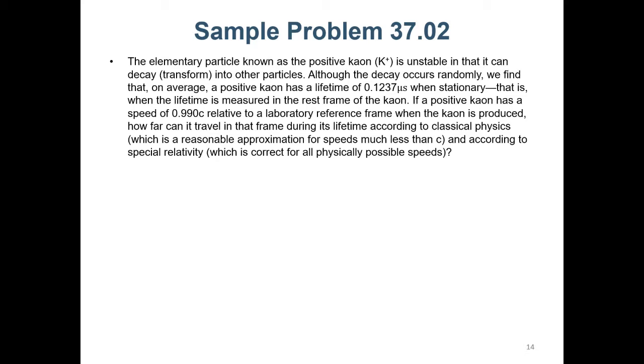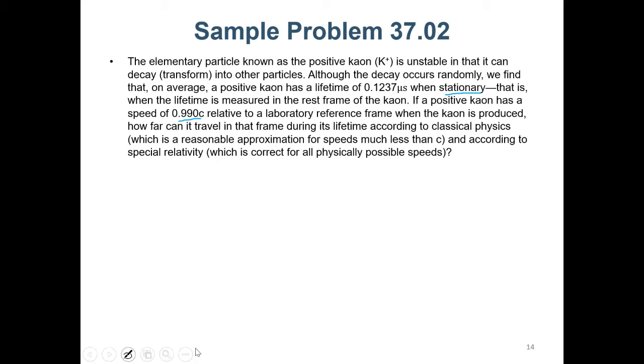Although the decay occurs randomly, we find that on average the lifetime is 0.12 microsecond when stationary. That is when the lifetime is measured in the reference frame of the Kn. If it moves with a speed 0.99c relative to the lab reference frame when Kn is produced, how far can it travel in the frame, according to classical physics? What is a reasonable approximation for speeds much less than c, and according to special relativity?